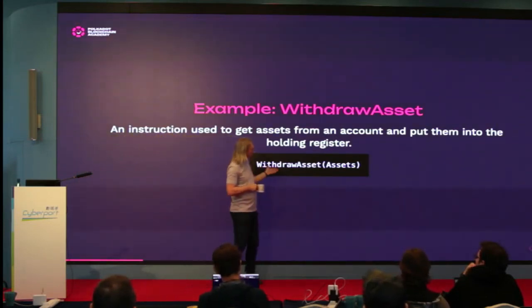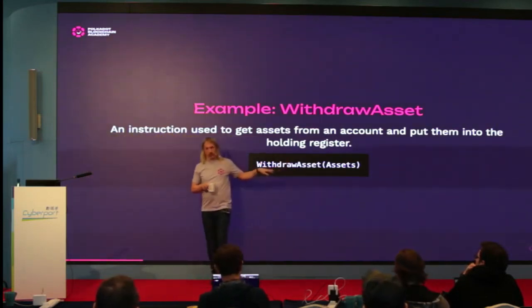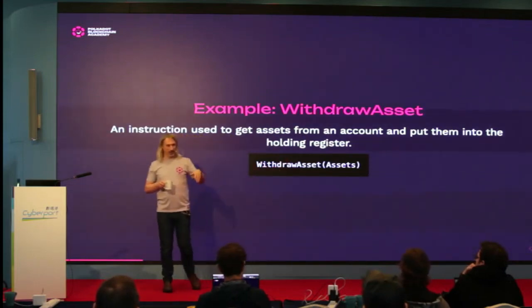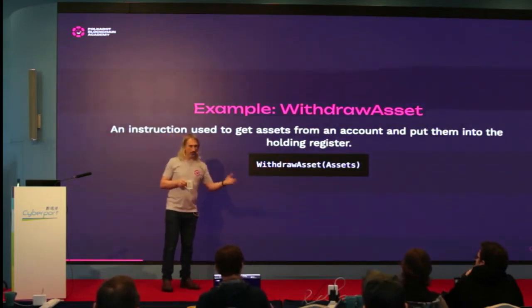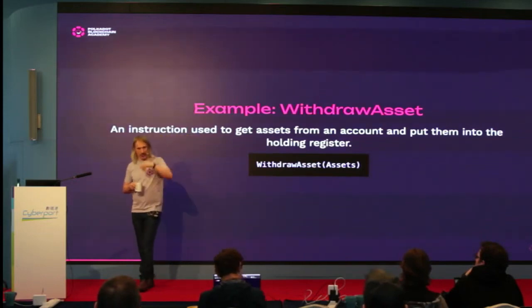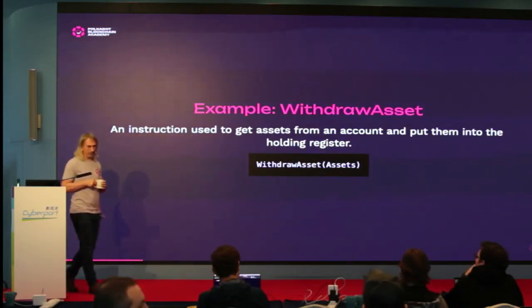It's just that at the moment, all the chains that support XCM store assets under account IDs, and therefore we need a way of converting the XCM origin into an account ID, and that's where the sovereign account comes in.